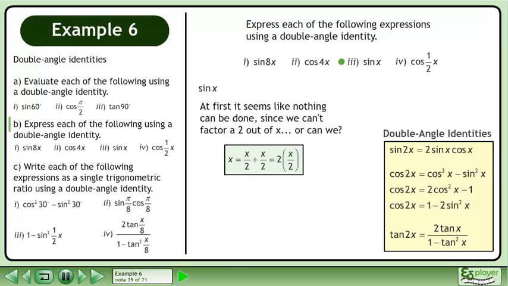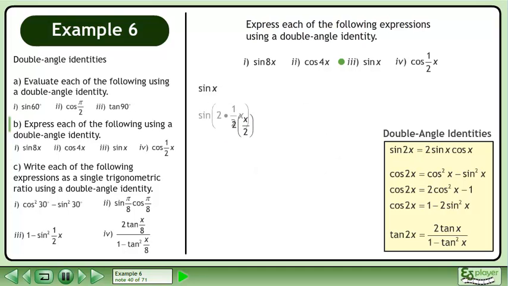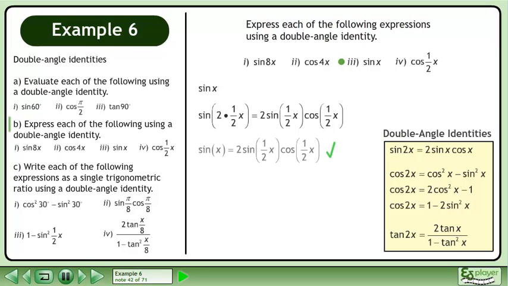This becomes 2 times 1/2 x. Replace x with 2 times 1/2 x. Plug 1/2 x into the right side of the equation. This gives us sin x equals 2 times sine 1/2 x times cos 1/2 x.